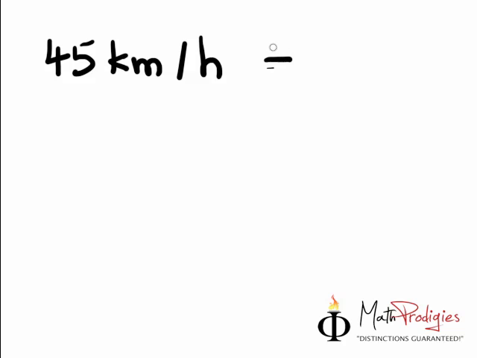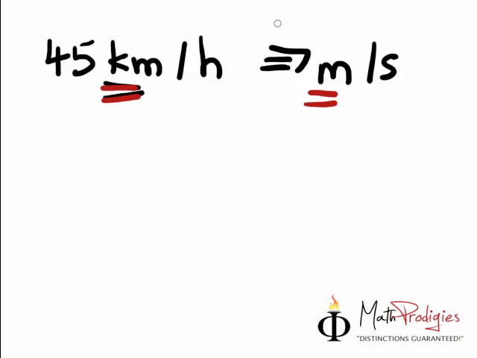So another aspect of speed is, for example, how do I convert 45 kilometers per hour to, let's say, meters per second? Very easy. First off, you need to understand a few things. You need to know what 1 kilometer is in terms of meters.